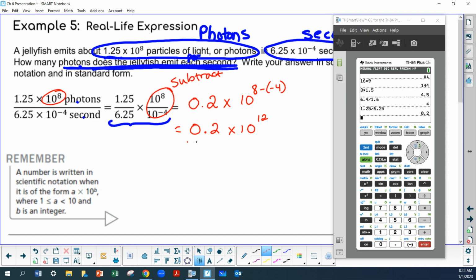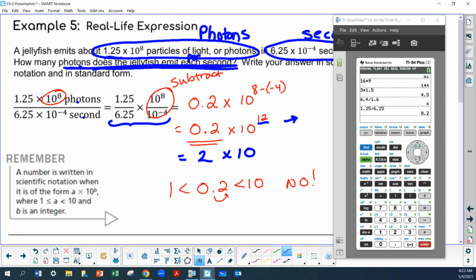Now, is this a number that fits between 1 and 10? No. So we have to make an adjustment. This needs to slide over, doesn't it, to create the number 2, which does fit between. Now, this was going to move to the right anyway, wasn't it? We're making a larger number. I helped it by moving to the right by 1.